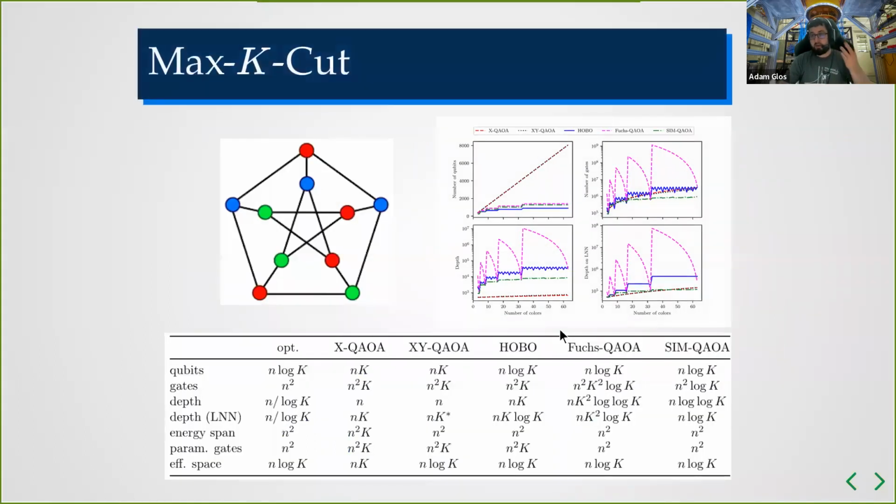In particular, Bencher, who was presenting the previous presentation, focused on max KCAT, where in our future work we propose an alternative QAOA ansatz, QAOA design, in which we reached all the optimal values. We dropped the dependencies on the number of colors.